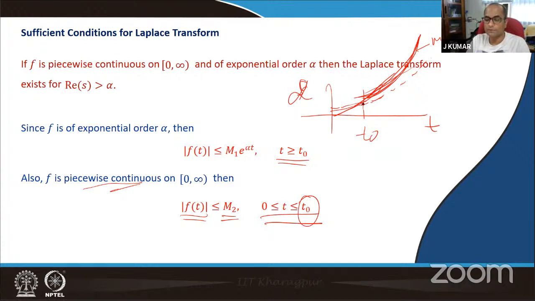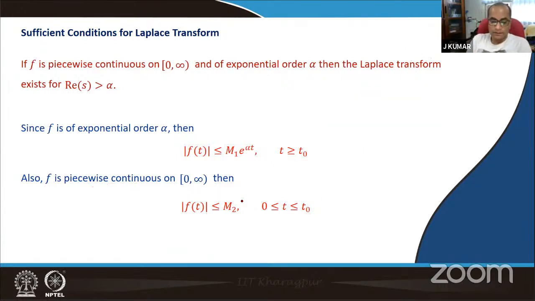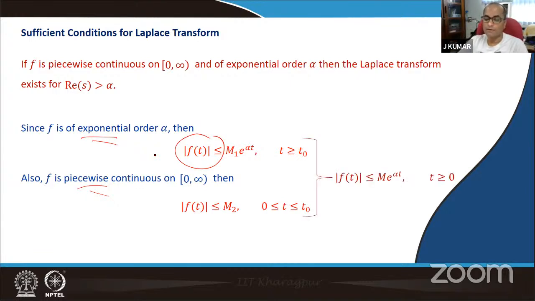So if you take the interval from 0 to t naught, we know that piecewise continuity will tell us that |f(t)| is less than or equal to m2. So these two conditions, one is exponential order, the other is piecewise continuity. These two conditions make our function f(t) bounded by m e power alpha t for the whole domain t greater than or equal to 0.